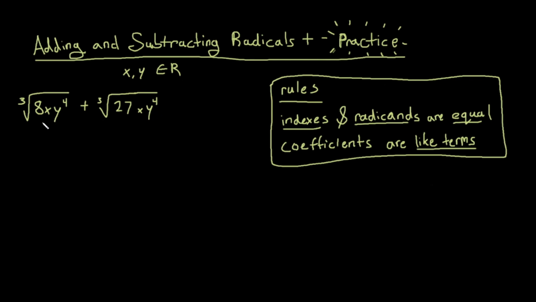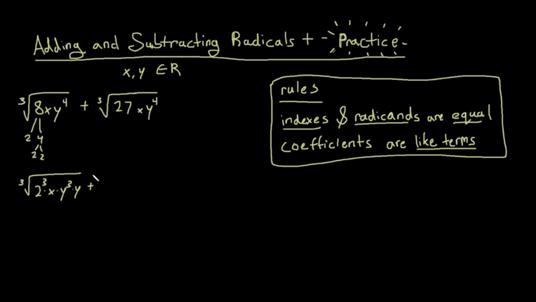So, let's begin by converting both of these into mixed radicals. We know that 8 is 2 and 4, and this can be further factored to 2 and 2. So we know 8 is essentially 2 cubed times x, and we know that this y can be factored down into y cubed times y to the cube root.